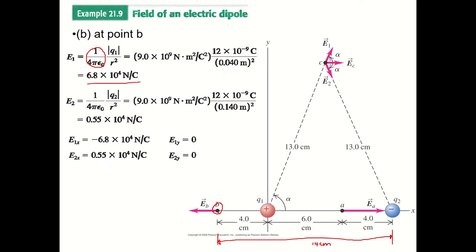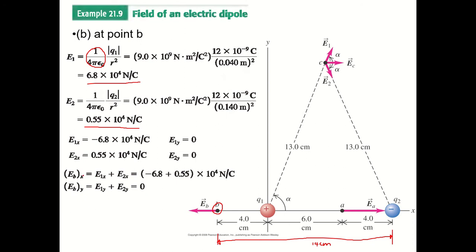So same thing, we calculate the horizontal component. This is the horizontal component, and again the vertical component, the y component, is 0. Then we have the point B. Subscript B means we are referring to this point.